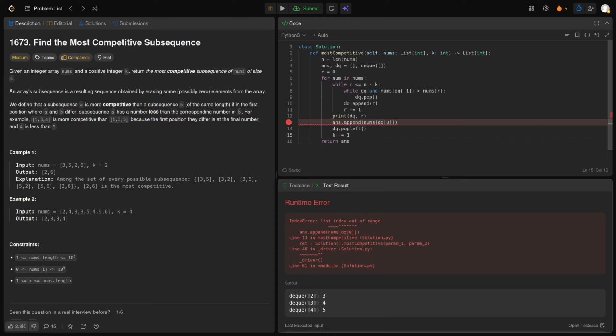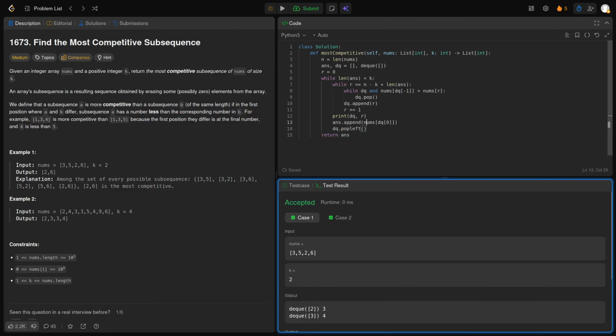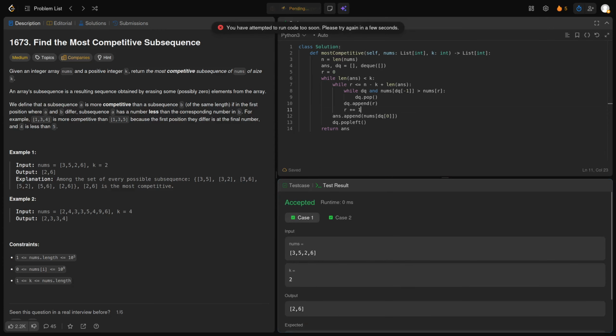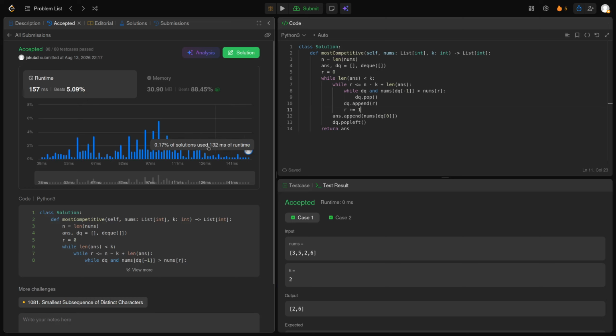So DQ 3 we are at that. Then we should be at 4. What am I even doing with this? Like this maybe. Okay. It's the very last answer.